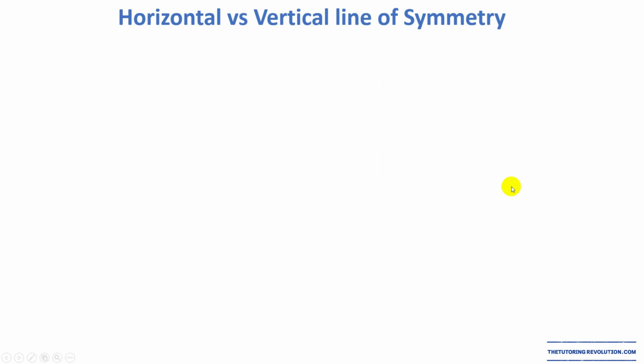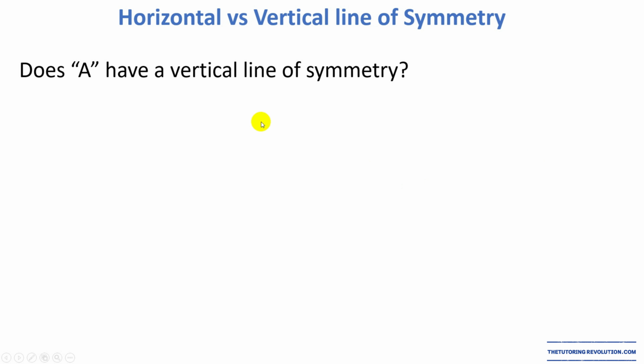Now let's check horizontal versus vertical line of symmetry. Does the letter A have a vertical line of symmetry? Let's analyze that.